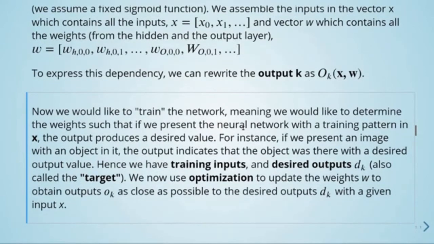Hence, we have training inputs and we have desired outputs. So we will express d of k, and these desired outputs are also called the targets. Then we use some optimization algorithm to update the weights w to obtain the outputs O of k as close as possible to the desired outputs d of k with a given input x.